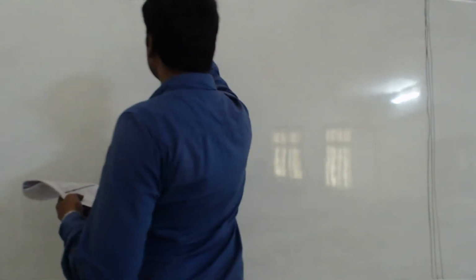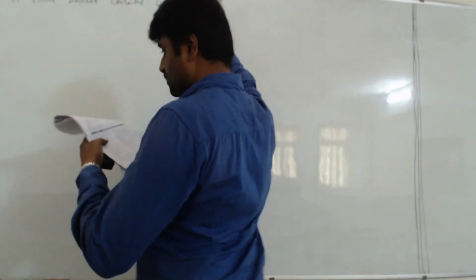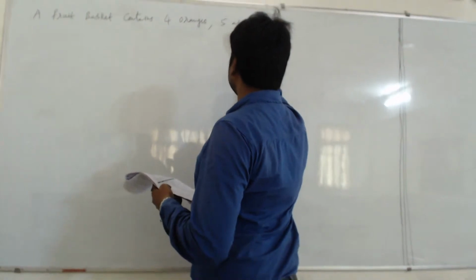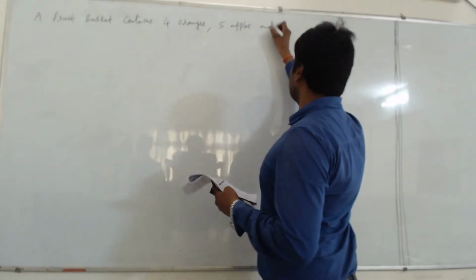A fruit basket contains 4 oranges, 5 apples, and 6 mangoes.